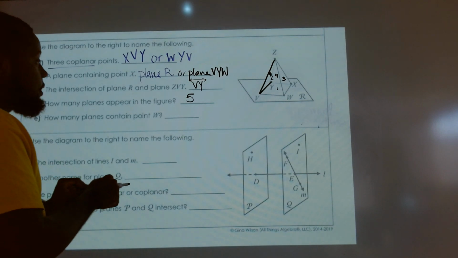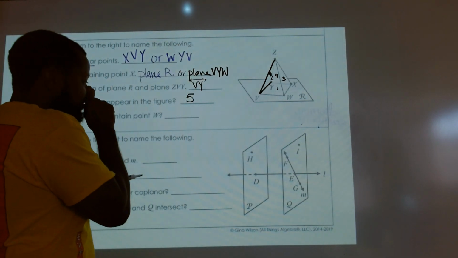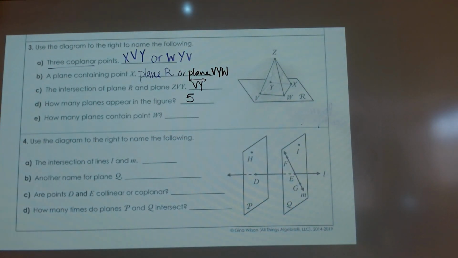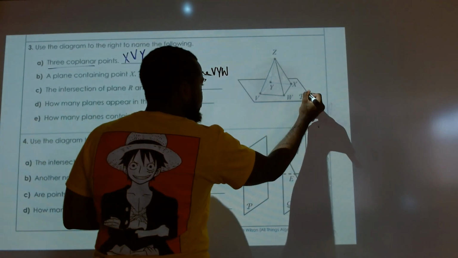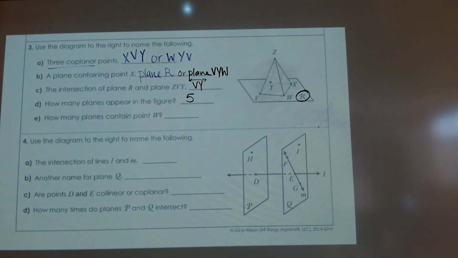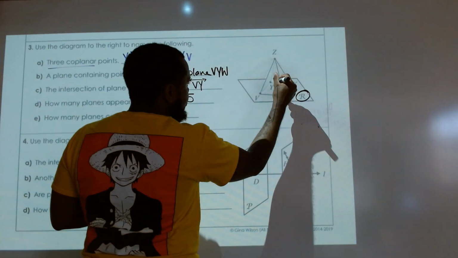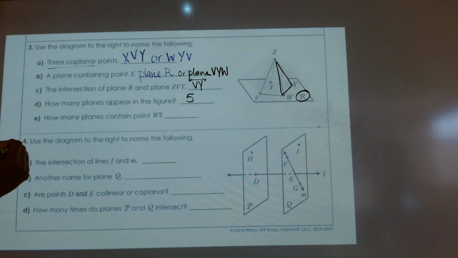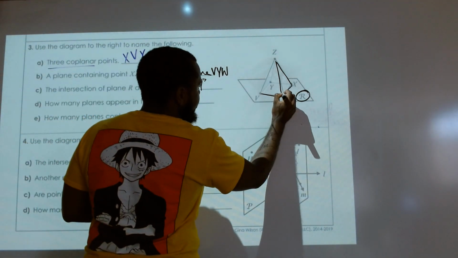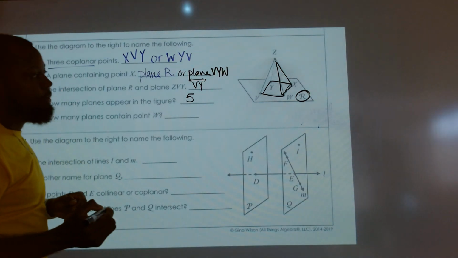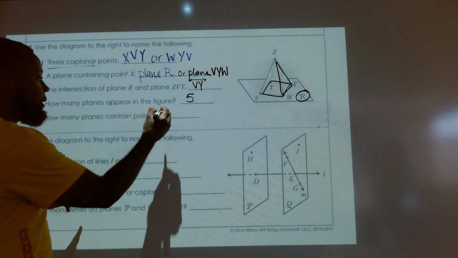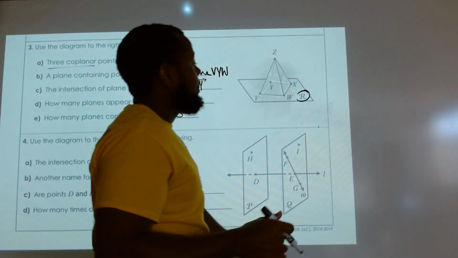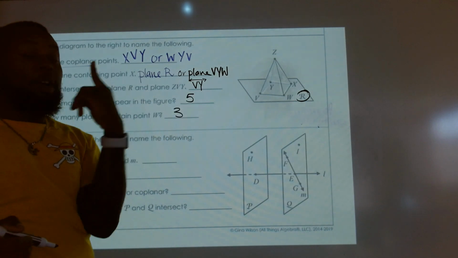How many planes contain point W? So we already know this one. That's 1 right there. Okay. We have another. That's another. You also have, so you have 3 planes. Okay, so I'm gonna explain it slowly. First of all, W is touching plane R, so that's already one.